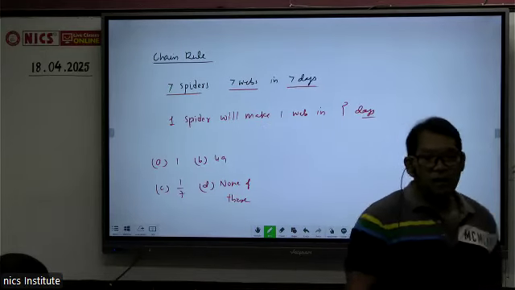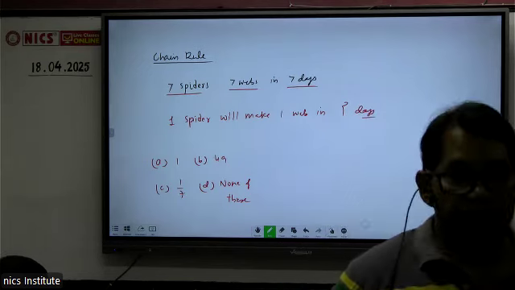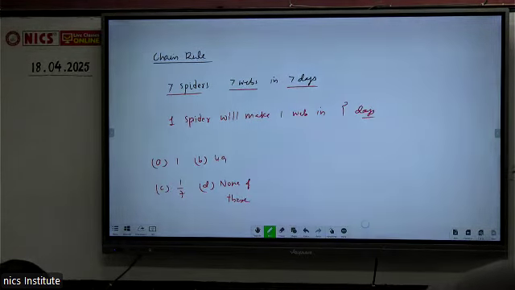You need to find a correlation between any two variables. Are they directly proportional or inversely proportional? And then solve. 7 spiders, 7 webs in 7 days.